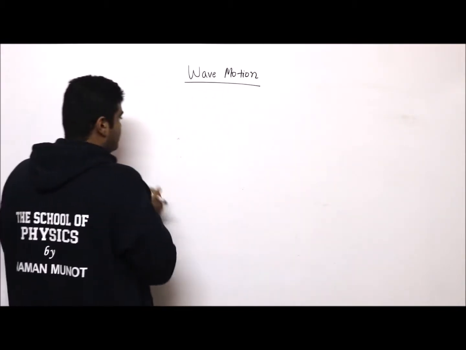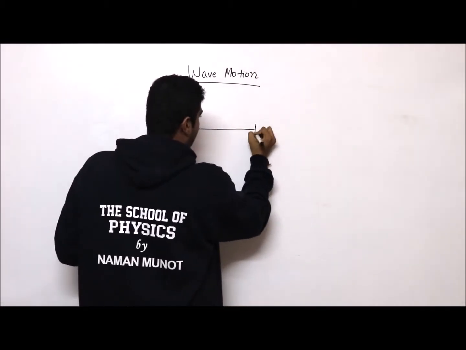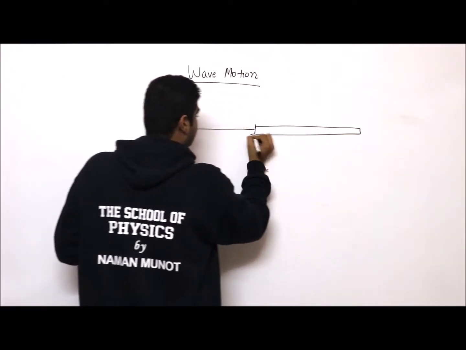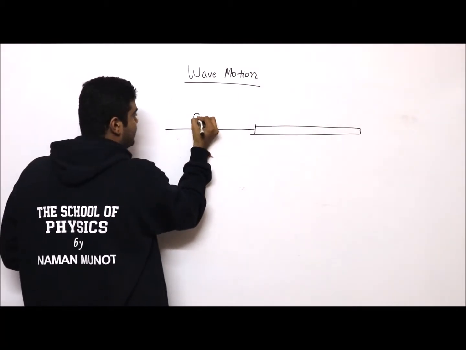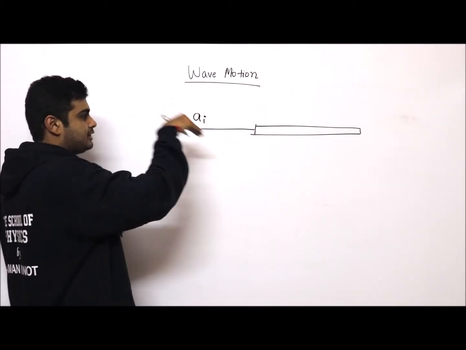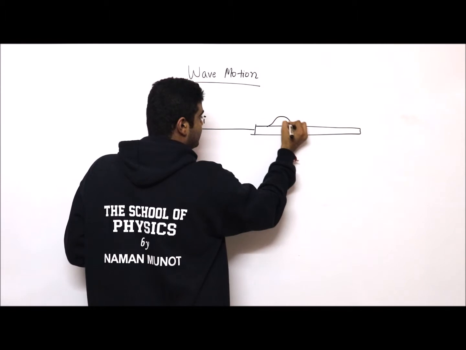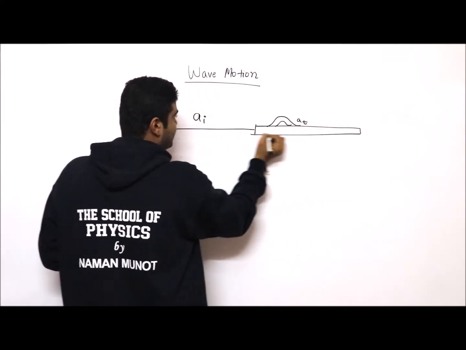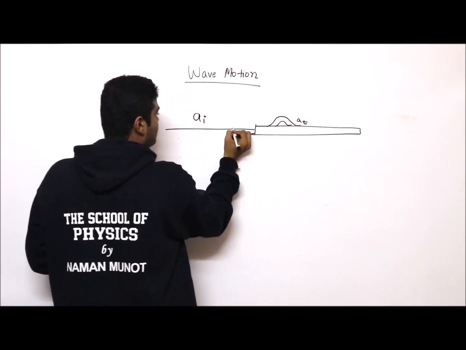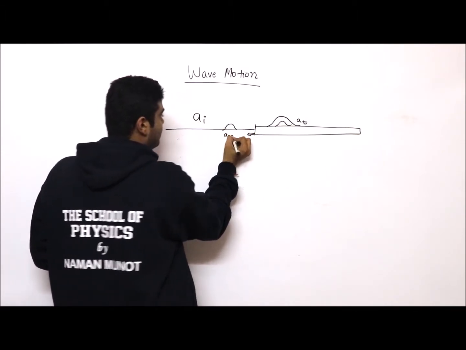Suppose we have a string and we have another string connected with this string. This is the initial amplitude that we have sent, and after some time this goes, so this is the amplitude transmitted, and there will also be an amplitude reflected.